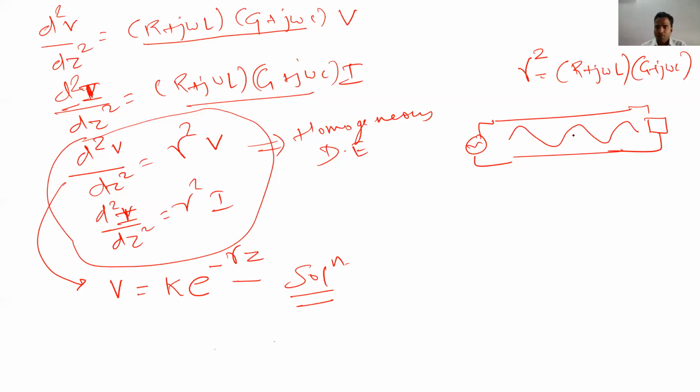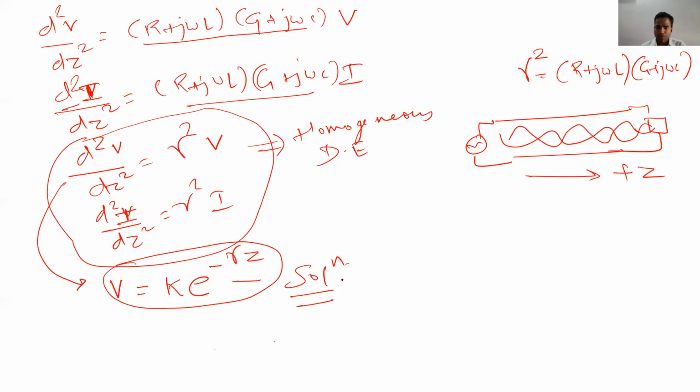And what is observed is that there is an incident wave. One wave is going, it is incident at the load, and it gets reflected back. So the solution, if we write it in this form, is just a wave traveling in the plus z direction. But when the wave travels, it gets reflected from the load and travels back.